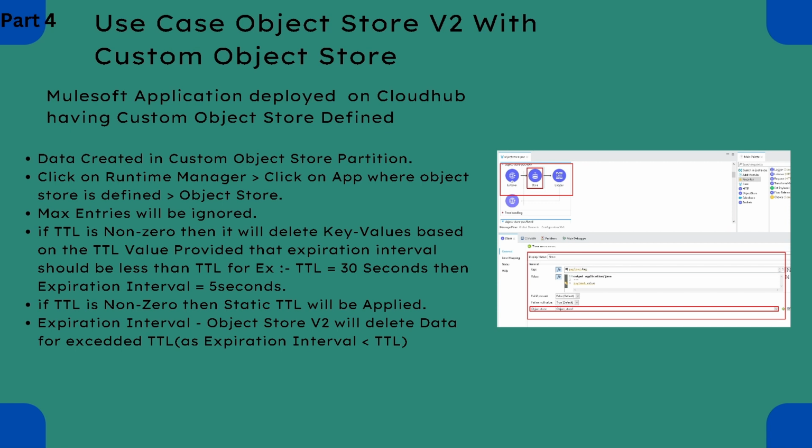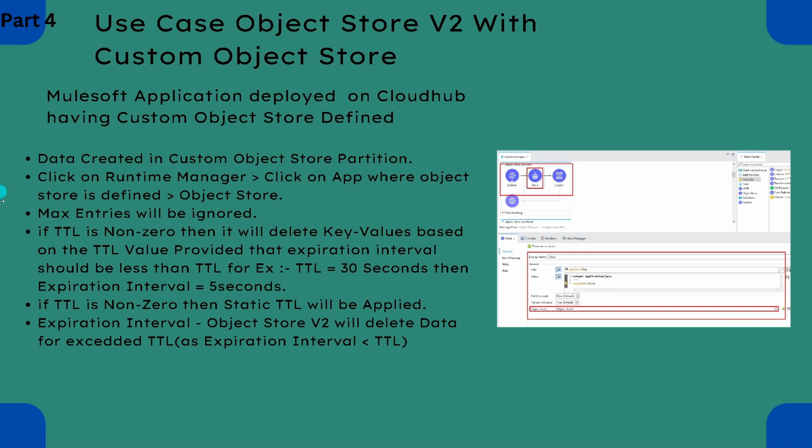If you specify an expiration interval greater than TTL, it will remove those key values based on the expiration interval time and not on the TTL. So always define the expiration interval less than TTL.